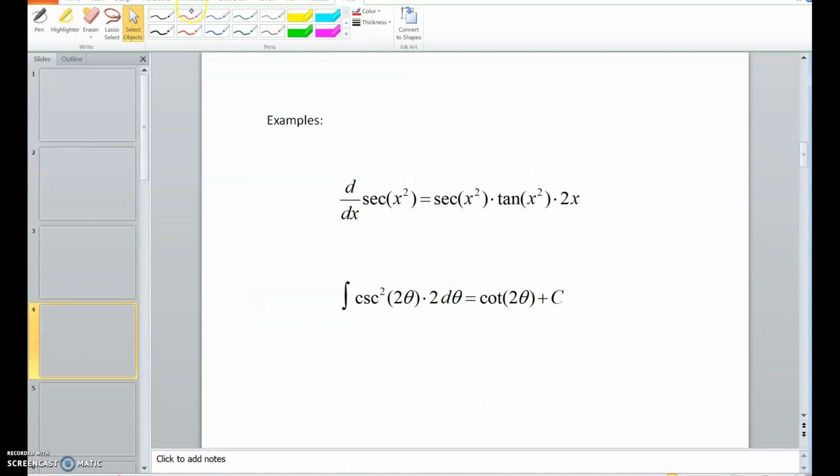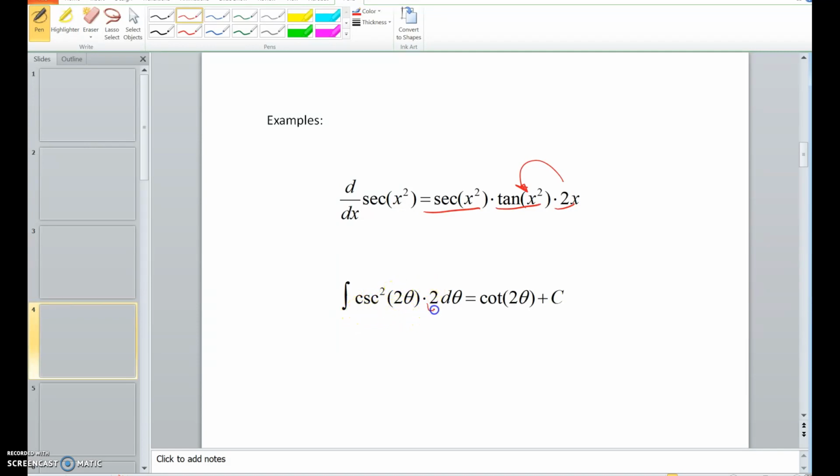I was just talking about this on the previous page. The derivative of secant x squared. So the derivative of secant is secant times tangent. So you get secant of x squared times tan of x squared times 2x, because that's the derivative of the function that's inside.